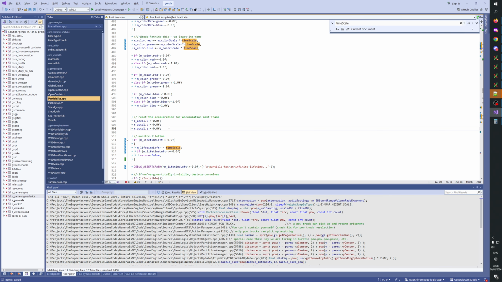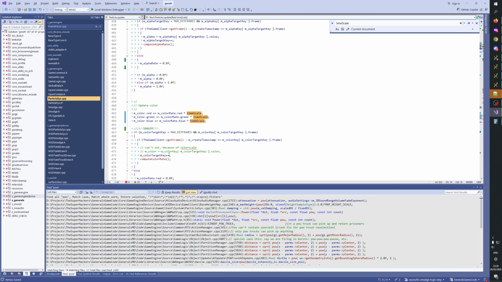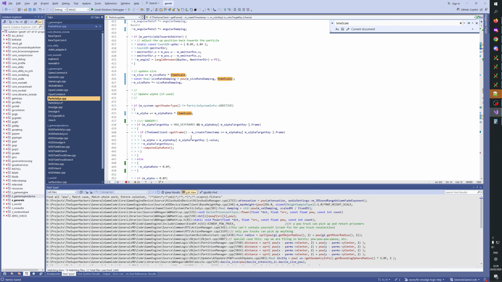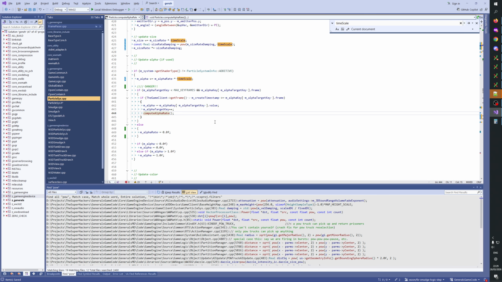Okay. Time left. Okay, that's not too bad. So we only have these two things left here. Well, and maybe what's inside this one here. Alpha rate. Something going on here. Compute alpha rate.